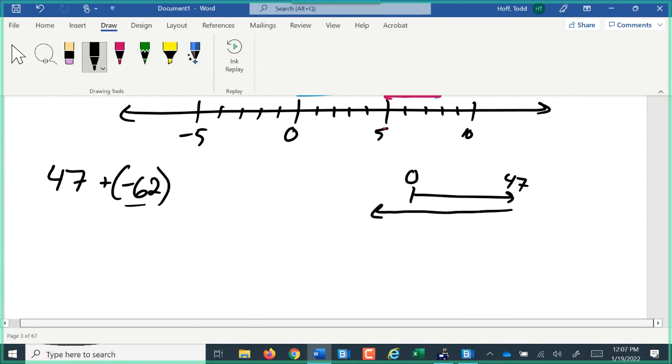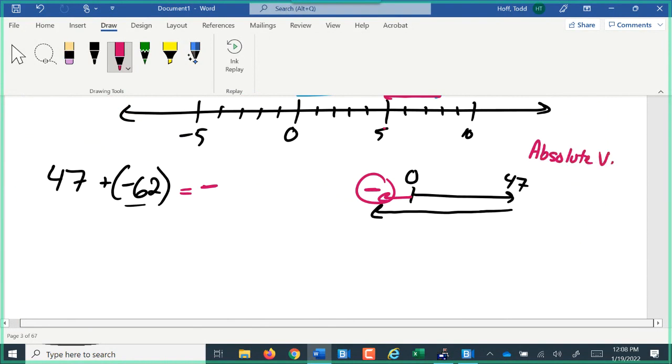So this vector diagram, even though it's not to scale, tells me two things. One is my answer is negative because I end up on the negative side of 0. Two, since the vectors go in opposite directions, the length of my result is the difference in their magnitudes. The technical name for their magnitudes is absolute value.